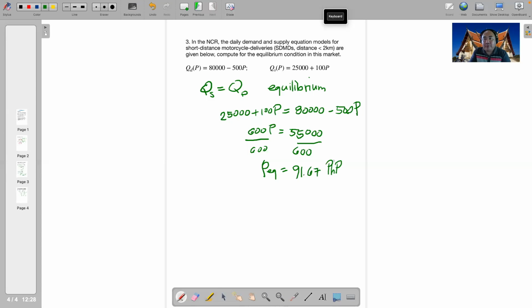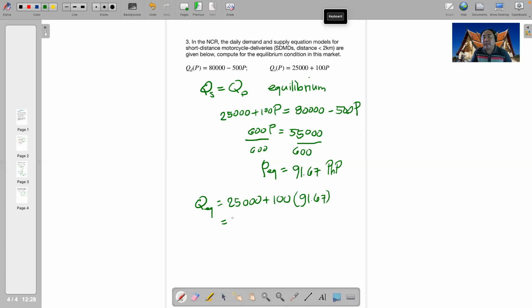And of course, we have to find the quantity at equilibrium to finish off this solution. Let's use the quantity supplied. The quantity at equilibrium is 25,000 + 100 times 91.67.